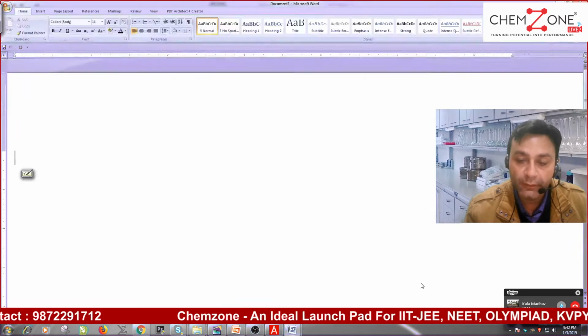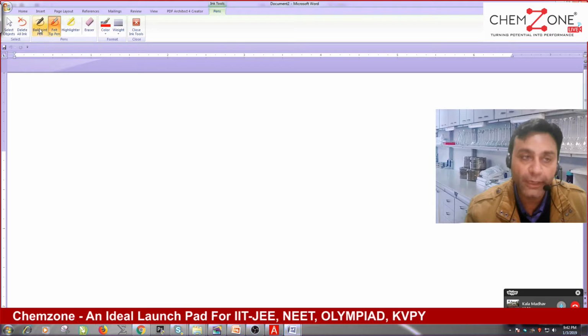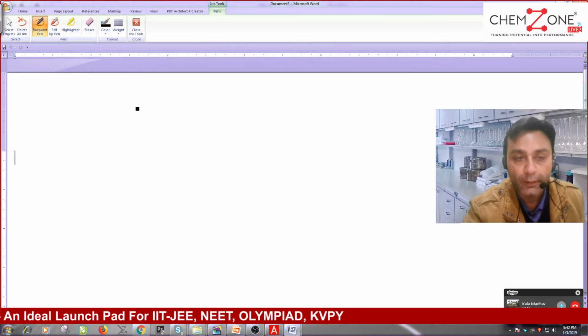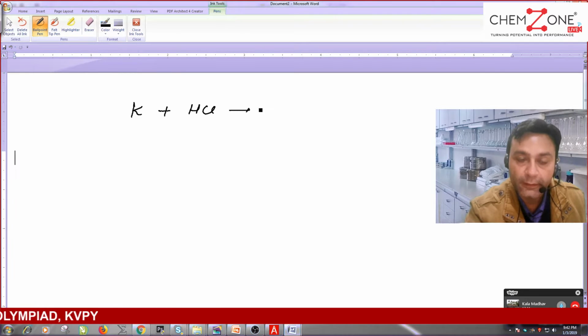So elements which are above hydrogen are more reactive, right? Let it be potassium. It will react with HCl and form potassium chloride and hydrogen gas.